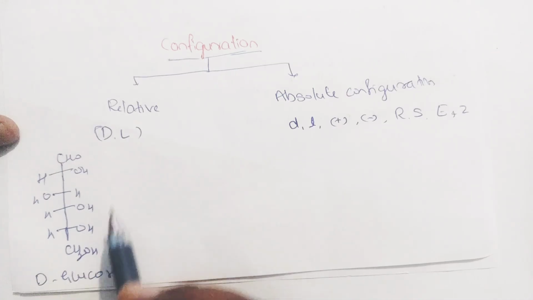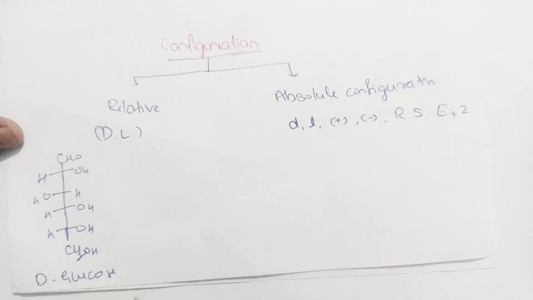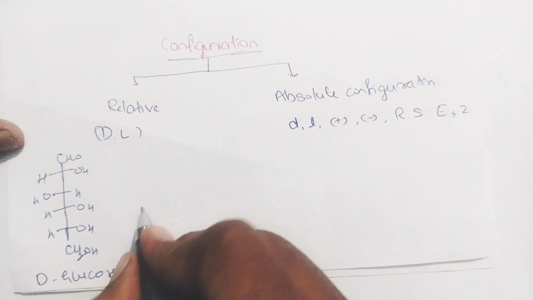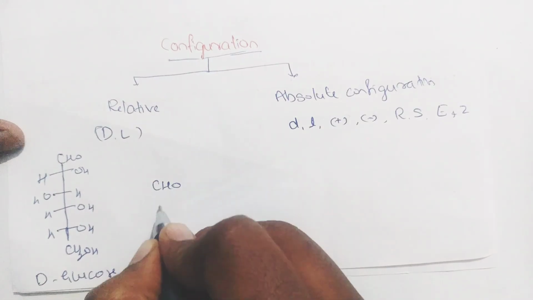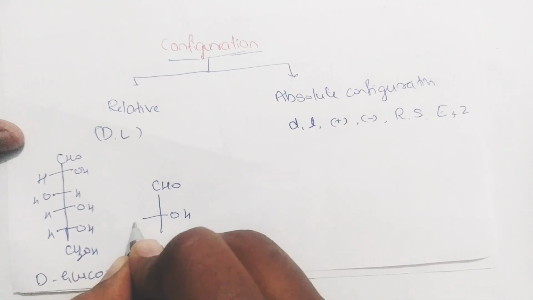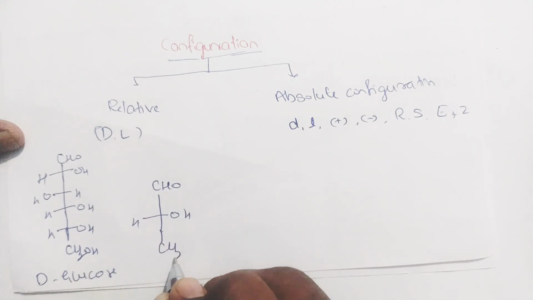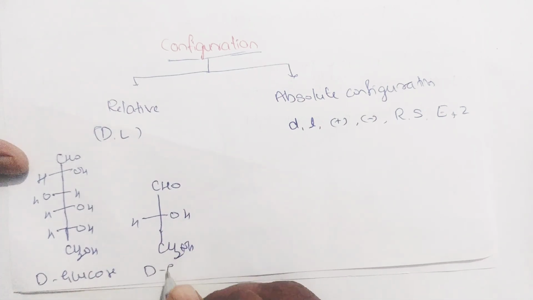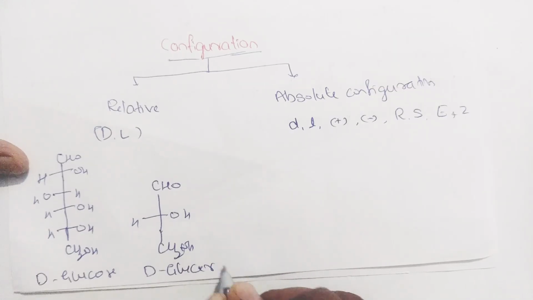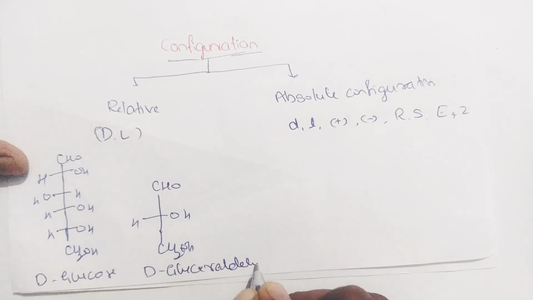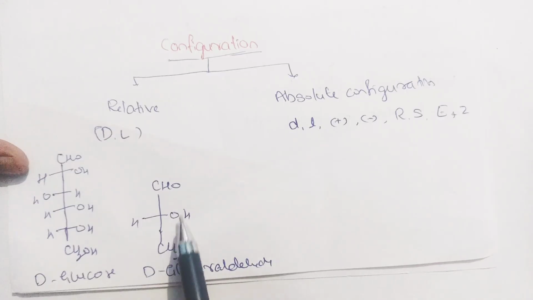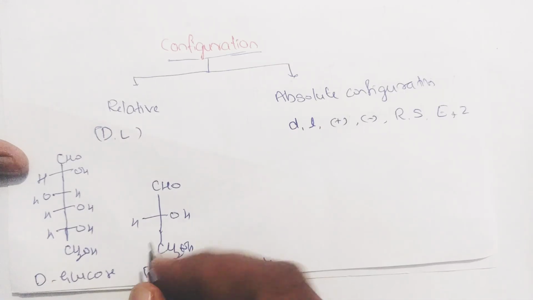The meaning of D is that it is a relative configuration. Relative configuration means the configuration relative to another compound. This D-glucose is relative to glyceraldehyde. The structure of glyceraldehyde is this one. This is D-glyceraldehyde.